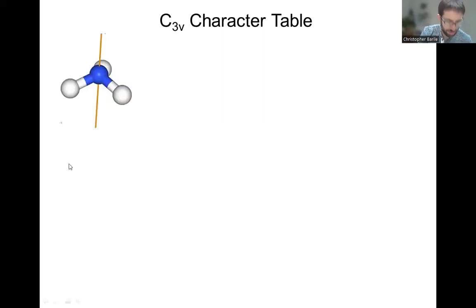And then in ammonia, we have a principal rotation axis, and that is a C3 axis. So if we rotate across this axis, the hydrogens will interconvert 120 degrees. This hydrogen will convert to that hydrogen, this hydrogen goes to that hydrogen, this hydrogen goes to that hydrogen. So there's an element of symmetry there.